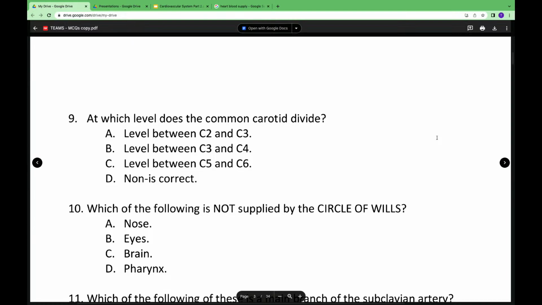Brain is supplied, yes, we'll discuss. Okay, nice. Eyes? If you're telling me the answer pharynx, you should tell me why. If you're telling me brain, why?